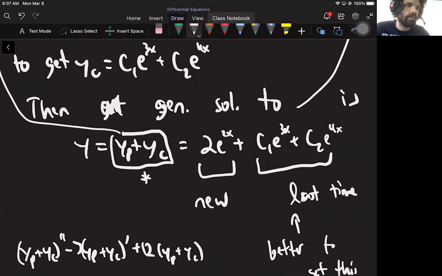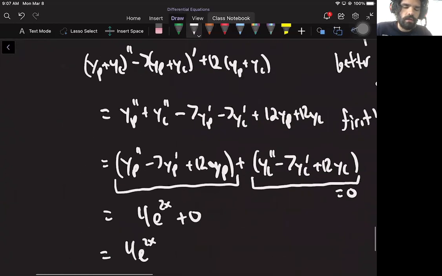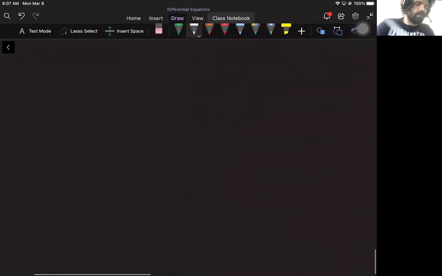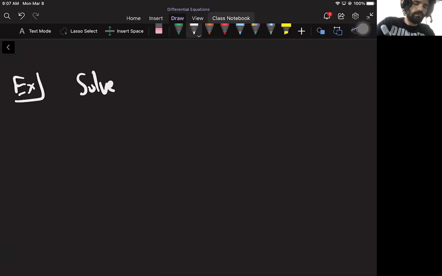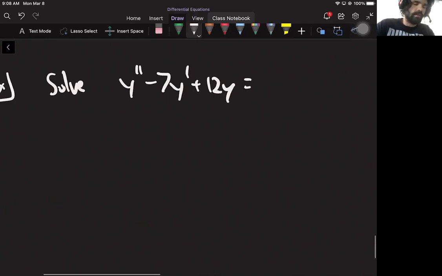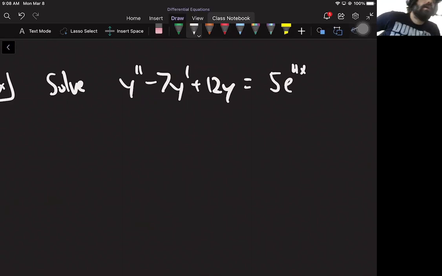But let's get some more practice with the process. Okay, so let's do this. Solve this thing. Just to keep things simple, I'll make the left side the same and I'll just change the right side. And here's why you should get yc first.